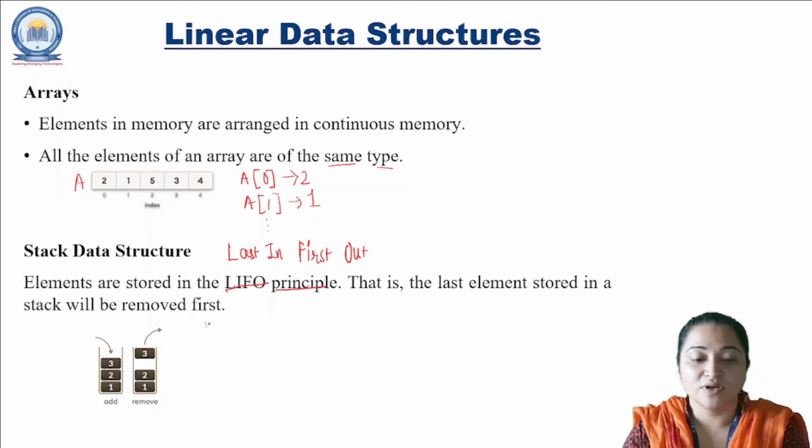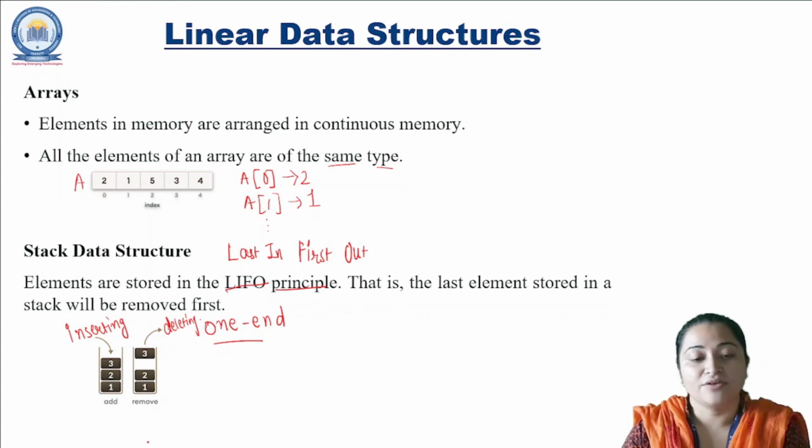This data structure has only one end. It has only one end for inserting the element and only one end for deleting the element. So using the same end, we can insert or delete data.